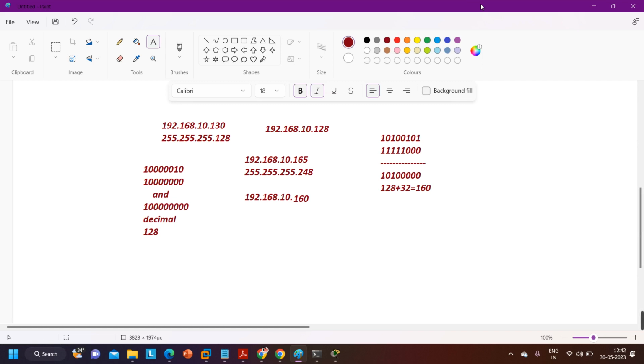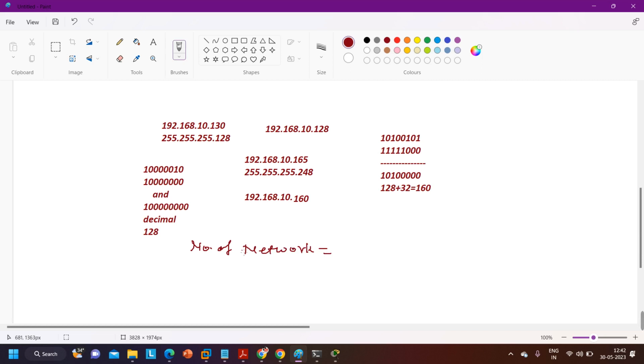Now, see some formulas to perform subnetting. Guys, please write down this formula in your notebook.